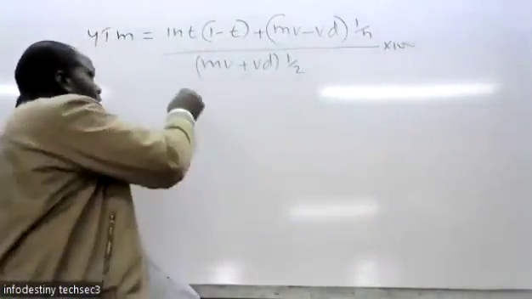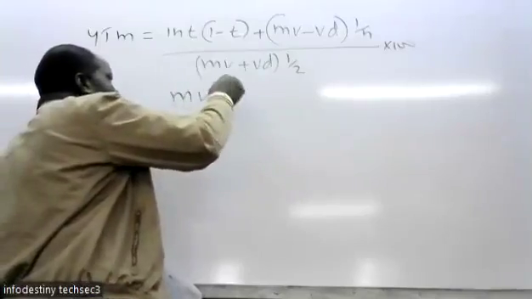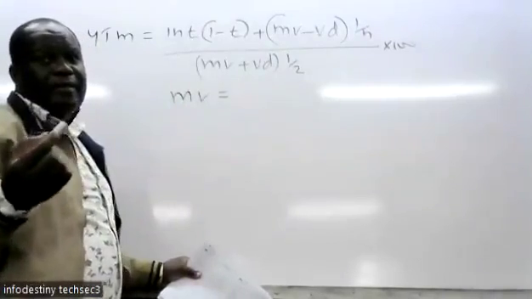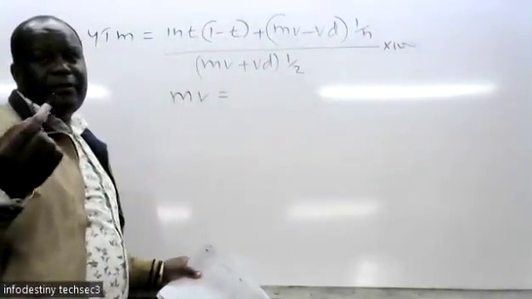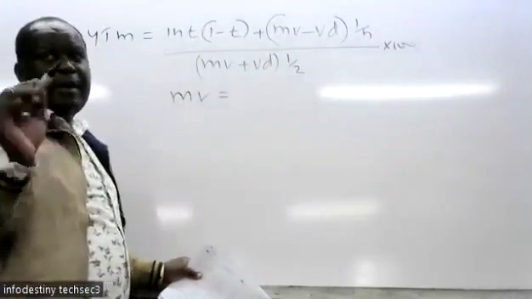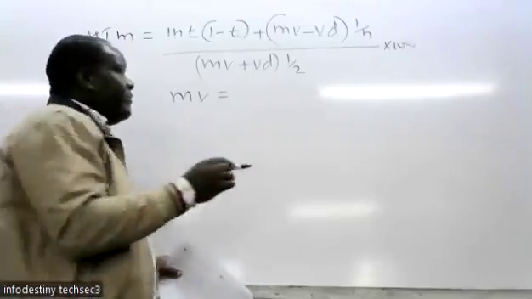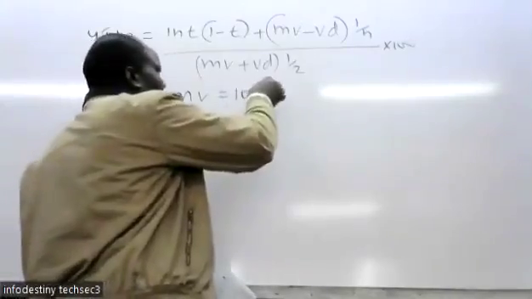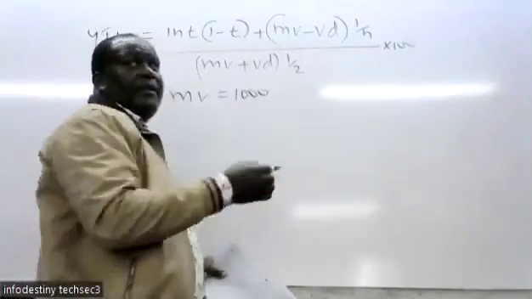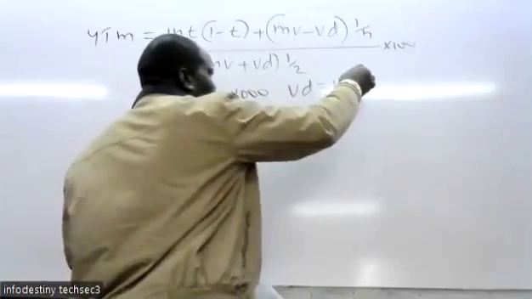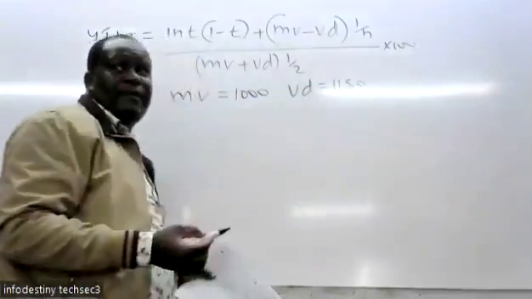So we said that maturity value, unless otherwise stated, is the same as the par value. Remember that note. Unless they have specified, it remains the same as the par value, which is how much? 1,000. So current value of the bond is what we have been given as 1,150.